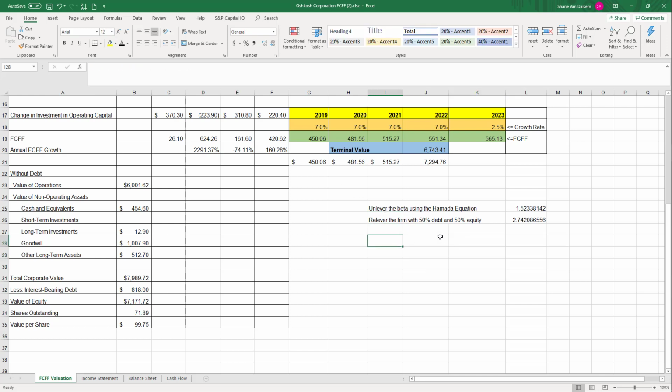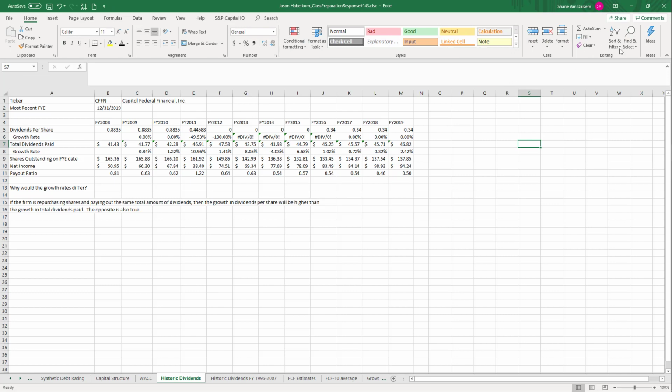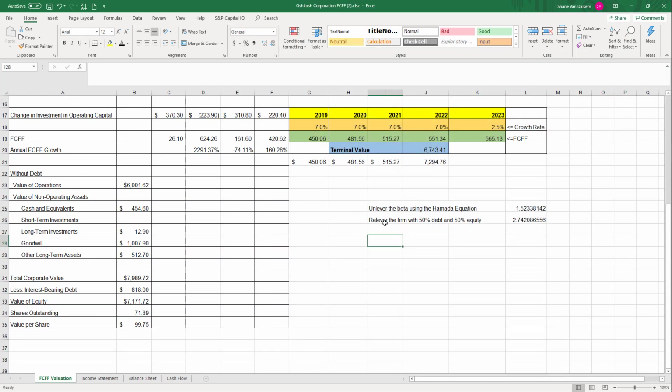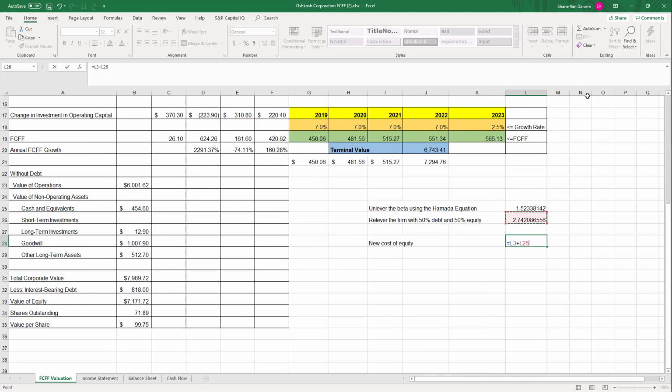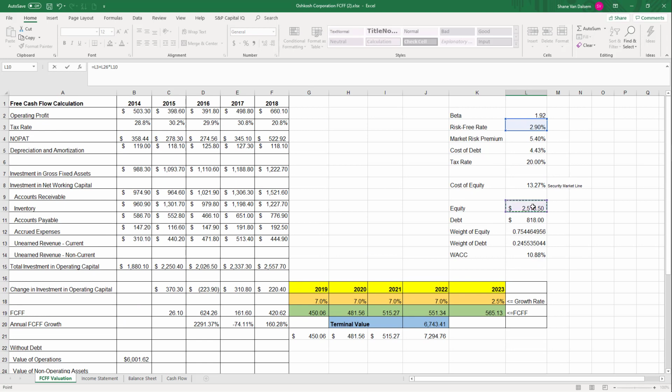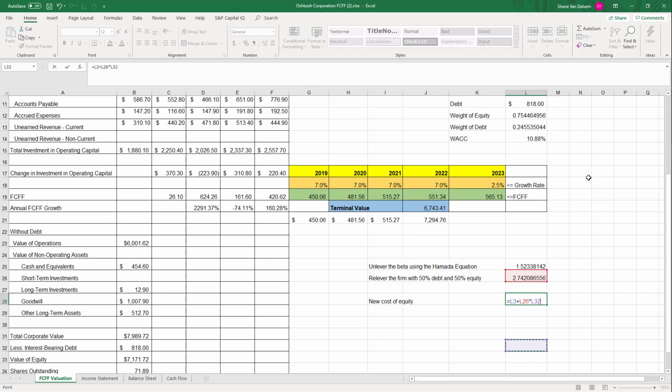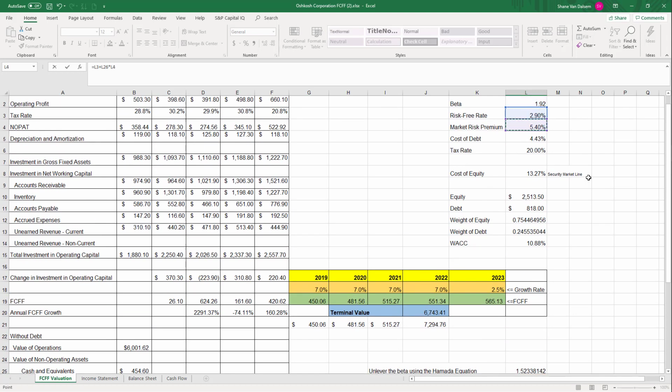Okay. And so the new cost of equity is going to be equal to the risk-free rate plus the new beta of 2.74 times the market risk premium.